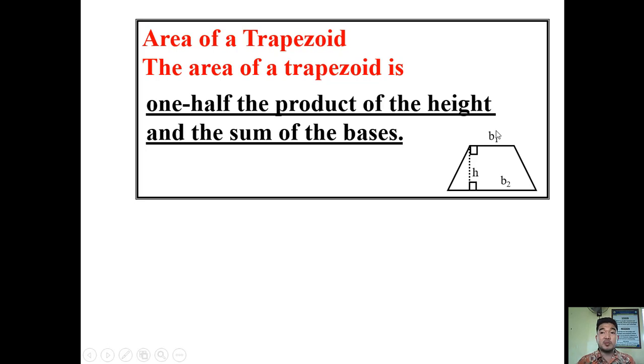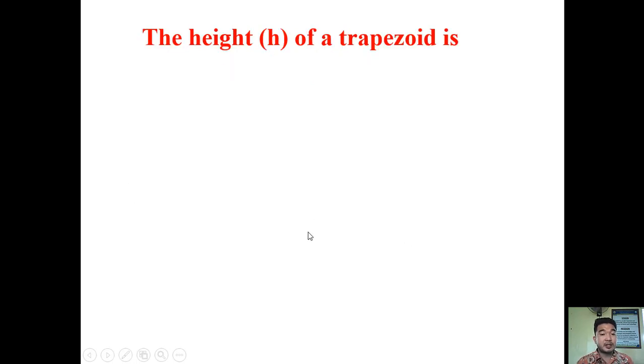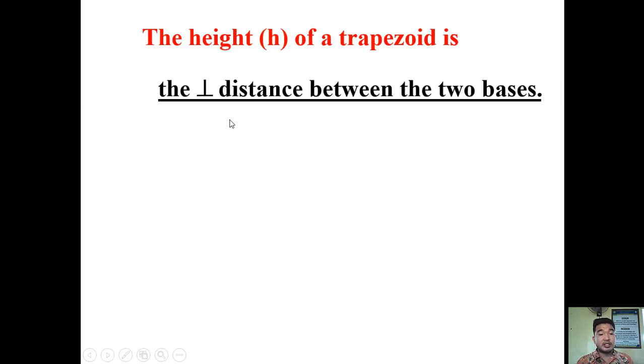Pero kung ayaw nyo nang kumuha ng median at meron namang base 1, meron namang base 2, you simply add base 1 and base 2, then you multiply it to the height and then divide it by 2. This is the formula. The height of a trapezoid is the perpendicular distance between the two bases. Tama naman yan, ano?